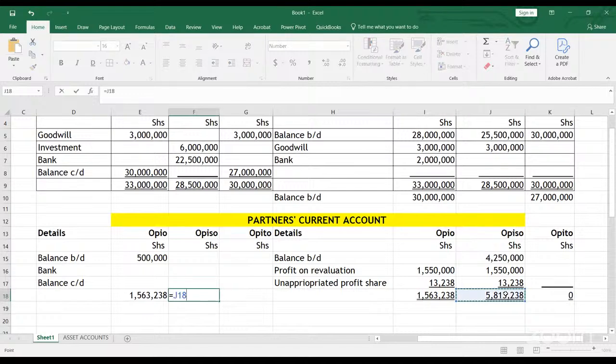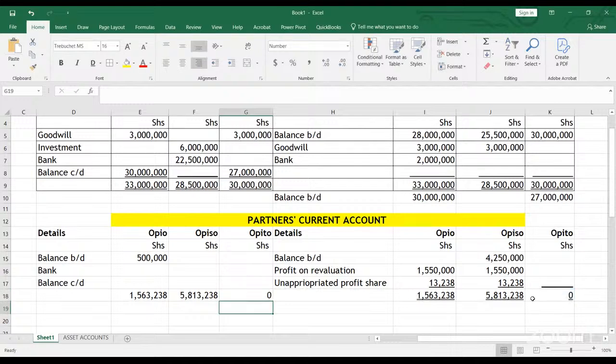Opiso is going to get this money on retirement, the money as per the current account, because he has to take all his money. So he has to go with all this money.